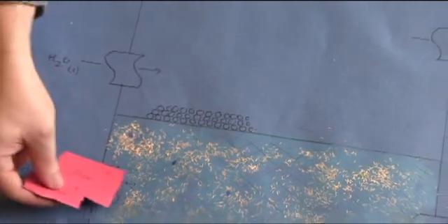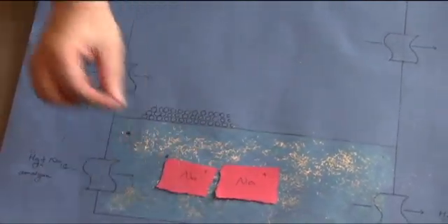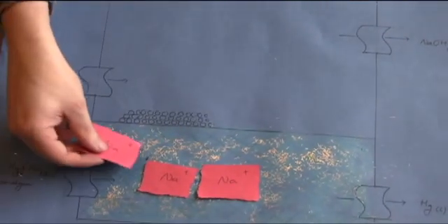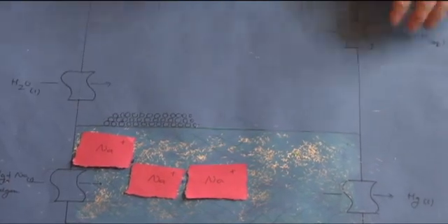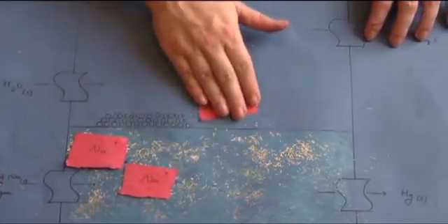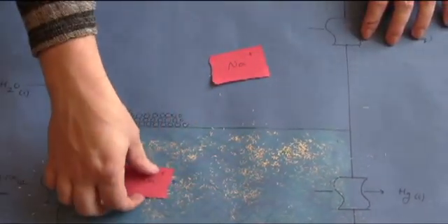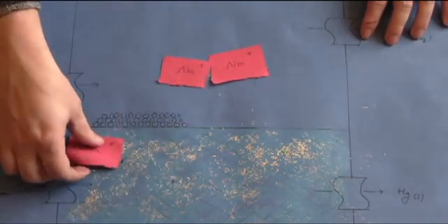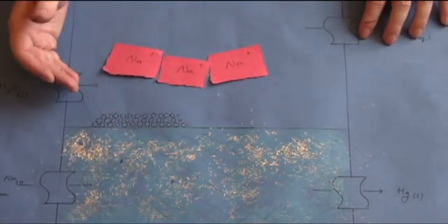Now the sodium comes in from the first part of the process, being carried by the mercury, and it enters solution, forming our sodium hydroxide.